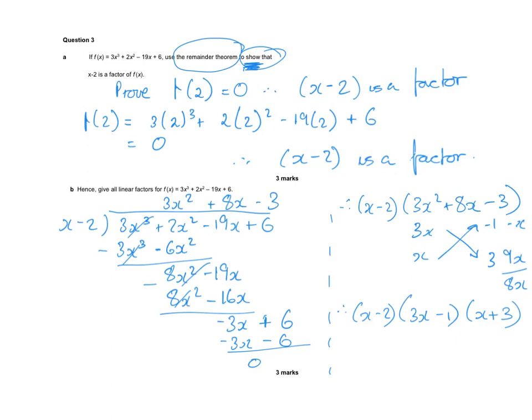The next part is asking us to sketch that graph. Now we've got all of the information already. Because we've already factorised it, we know quite a few things about this graph. Let's look at it. First of all, we know that the graph is a positive cubic.